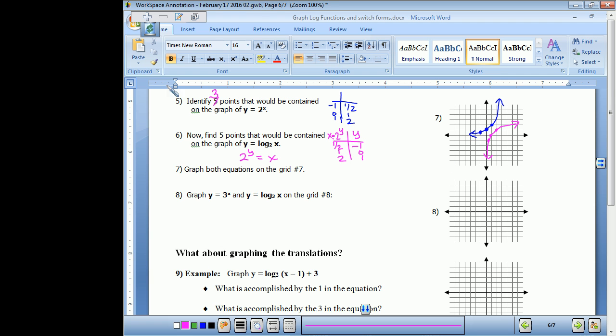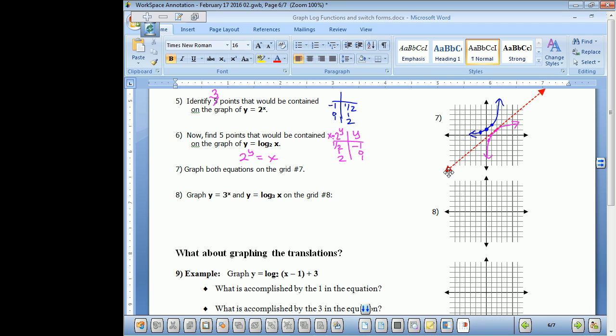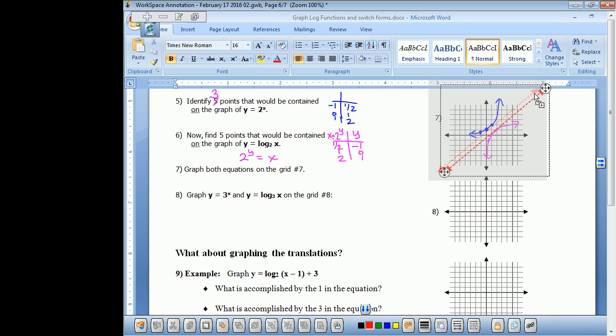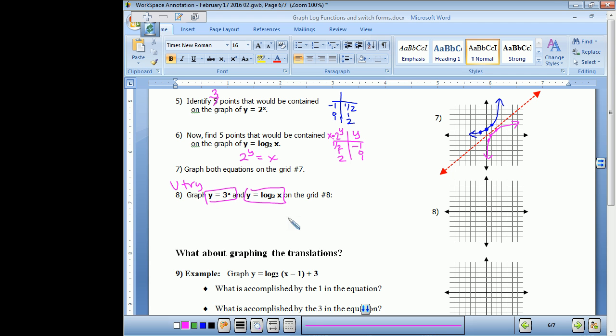All right, does it appear that is a reflection over the line y equals x? Yes. Pretty close. Mine's a little off, but yours probably looks a little better. Okay, you try graphing y equals 3 to the x versus y equals log base 3 of x.